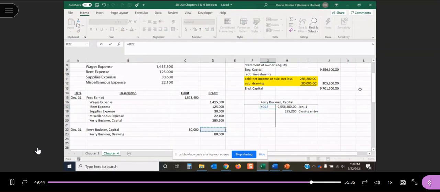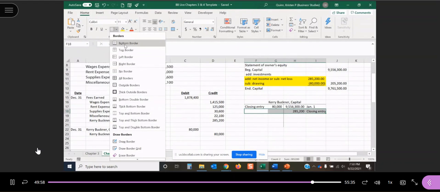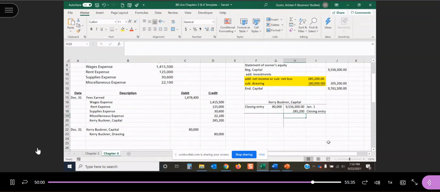And we debited her account for $80,000, also a closing entry. So when we do our math here, credits and credits, we add together. Opposites, we subtract. Her ending balance now matches her ending balance that we calculated on our statement of owner's equity.